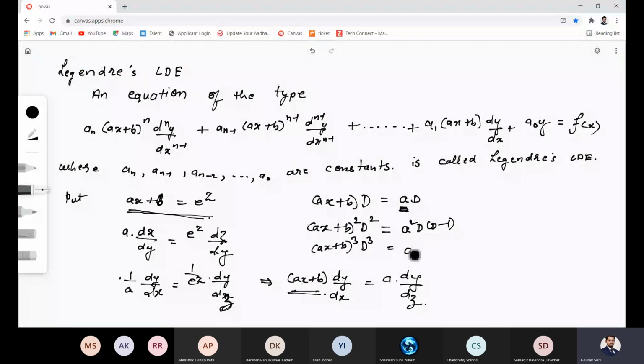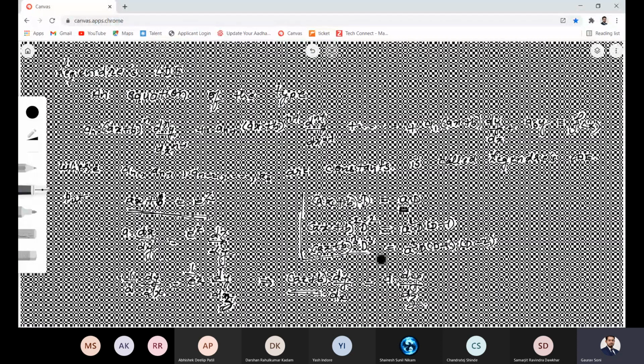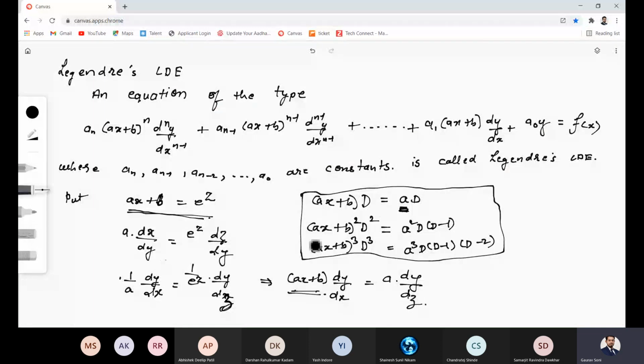So this is the change we have to do in Legendre. The difference in Cauchy and Legendre is about this a and b. So in Legendre, (ax plus b) D is replaced by a into D, (ax plus b) square D square is replaced by a square D (D minus 1), and (ax plus b) cube D cube will be replaced by a cube D (D minus 1)(D minus 2). Clear?